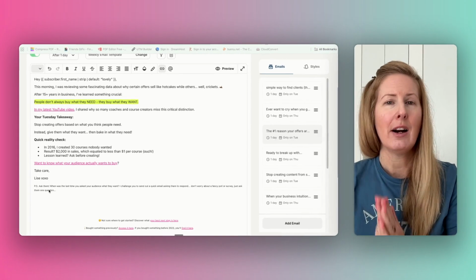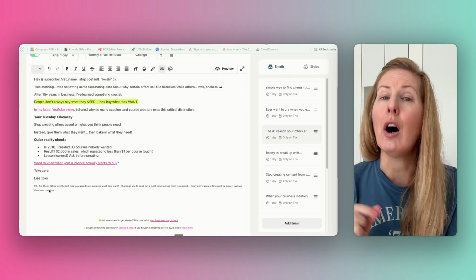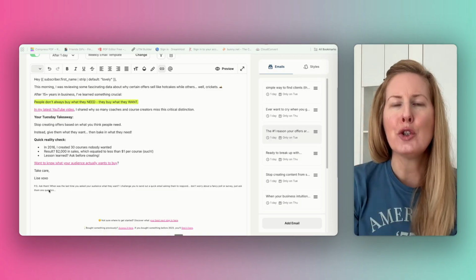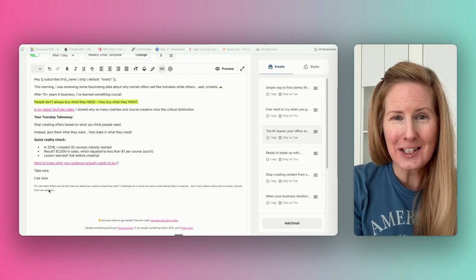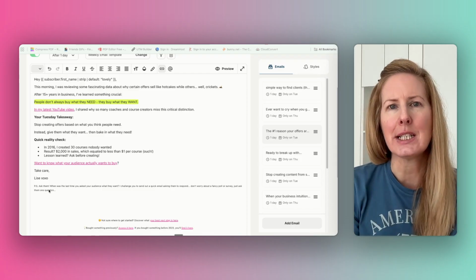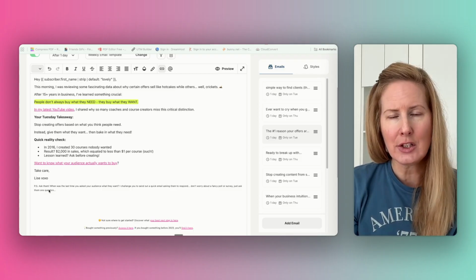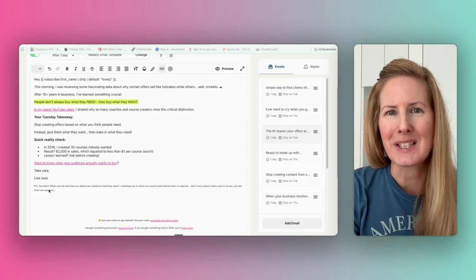The whole point of this is when you nurture and sell on a regular basis, it reduces your unsubscribe rate and increases your open rate and increases your deliverability because more people are going to engage with the content that you're sending out.